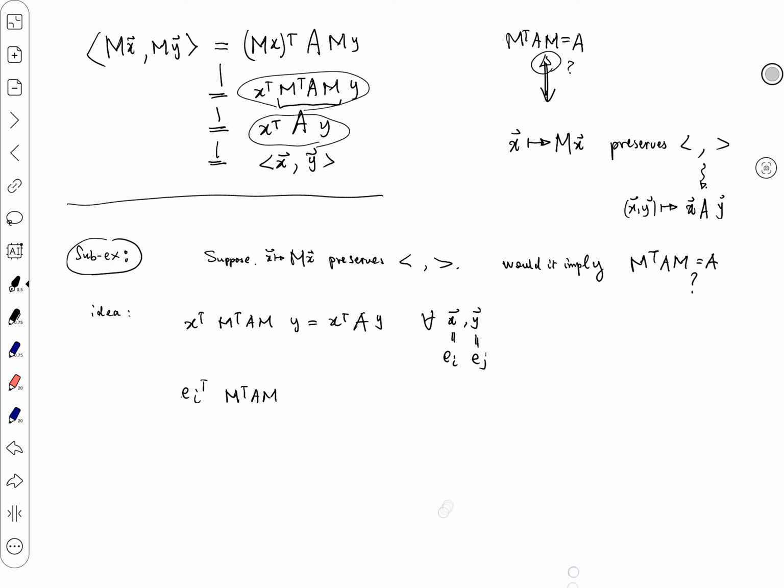equals e_i transpose A e_j, and then by computation, let's call this entry m_ij and this a_ij. Then the left hand side will carve out exactly m_ij, and the right hand side will carve out a_ij. Let me think for a while.